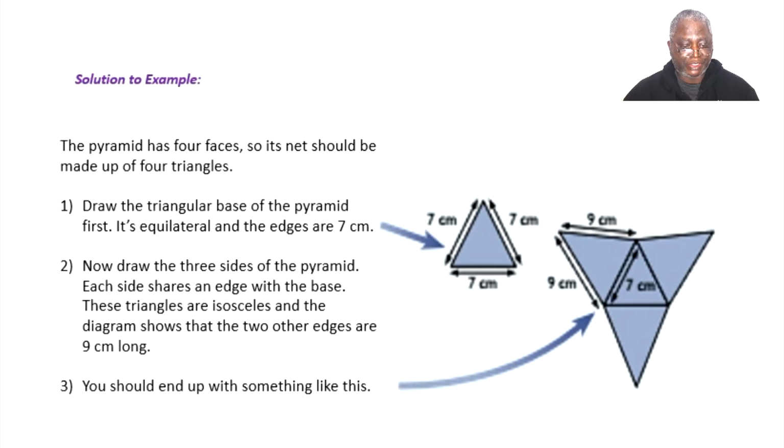Each side shares an edge with the base. These triangles are isosceles. The diagram shows that the 2 other edges are 9 centimeters long. You should end up with something that looks like the star shape on the right.